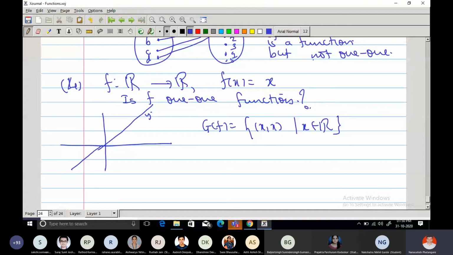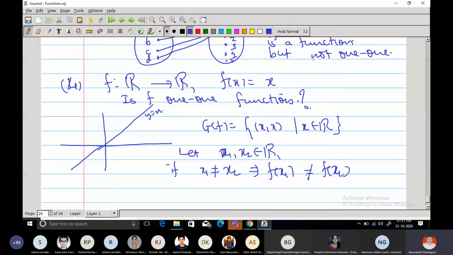So check this. Let me choose x1 and x2 in the domain. Suppose x1 is not equal to x2, but x1 is the same as f of x1, and x2 is the same as f of x2.